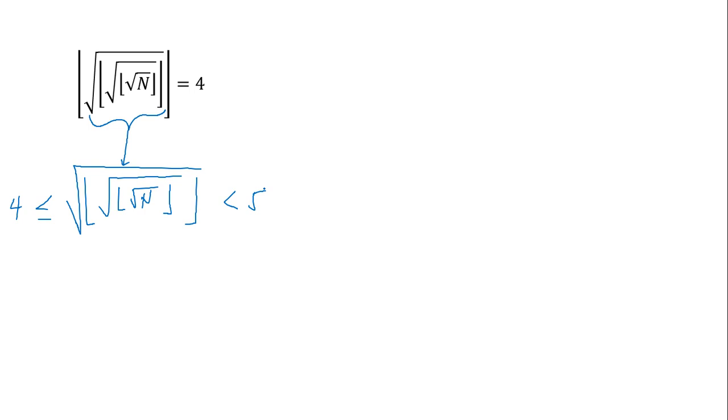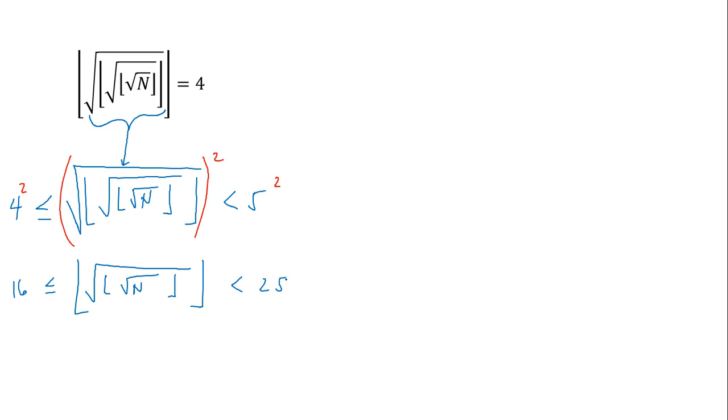Now, let's square the three parts of the inequality. So, we obtain the following. This is 16, and then we have the floor of the square root of the floor of the square root of n, and then this is less than 25. Take note that we are maximizing n.